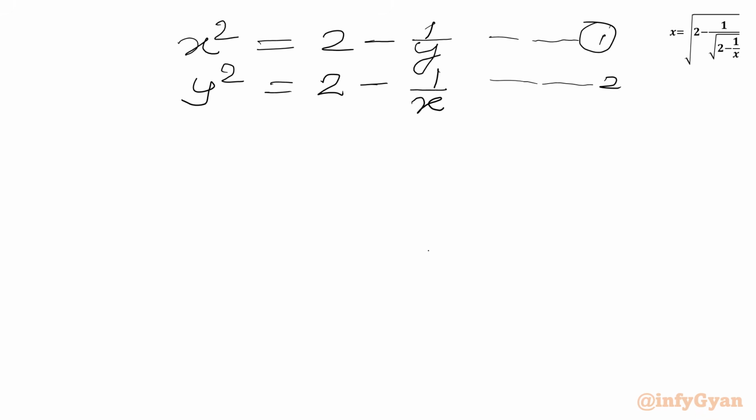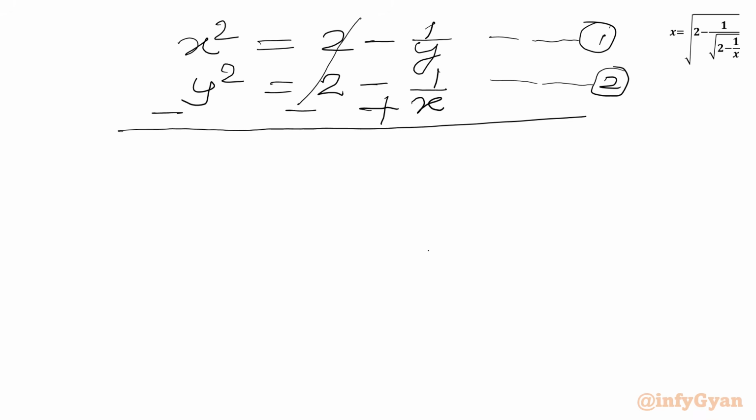Let's subtract. We'll change the sign here. Plus 2 and minus 2 will get over. We will get x square minus y square in LHS and 1 over x minus 1 over y in RHS.